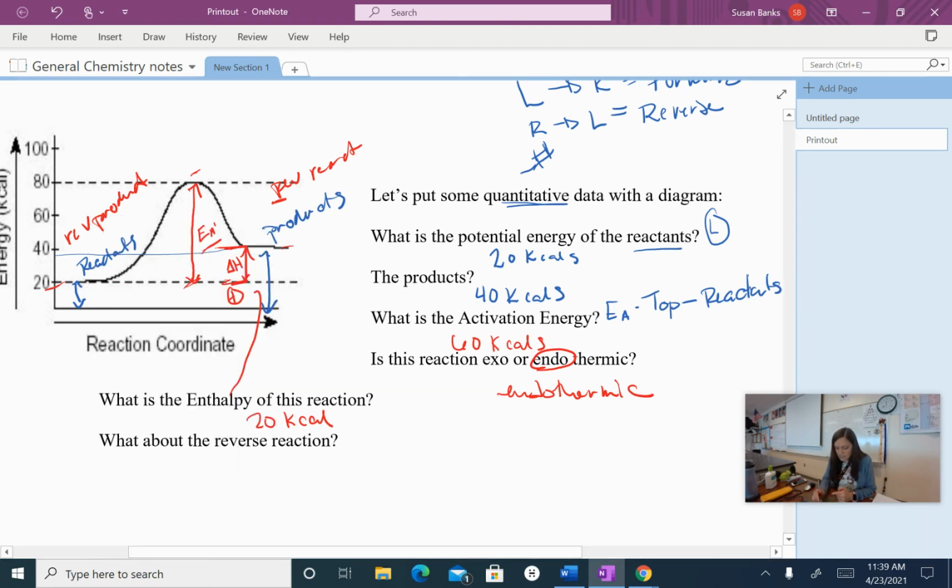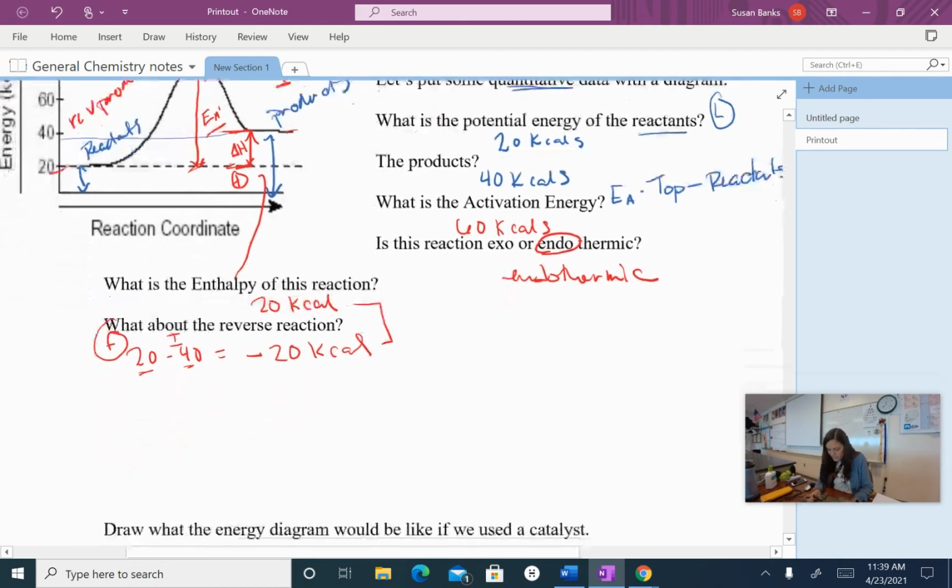So 20 minus 40, because we always start where we end. This is our final and our initial. 20 minus 40 would give me negative 20 kilocalories. So notice these are the opposite of each other.